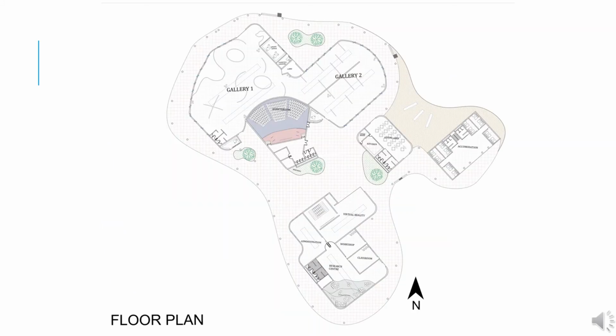As we enter the structure, the ticketing counter plus front office is provided. Then the lobby where ticket checking can be done, and there is an entrance for both galleries from the lobby. So one can visit gallery 1 and then gallery 2, or directly visit gallery 2.